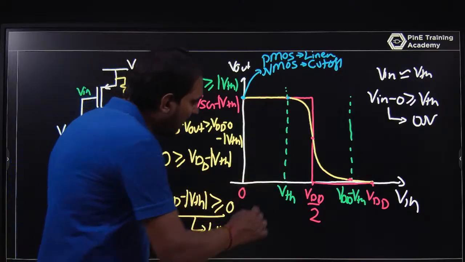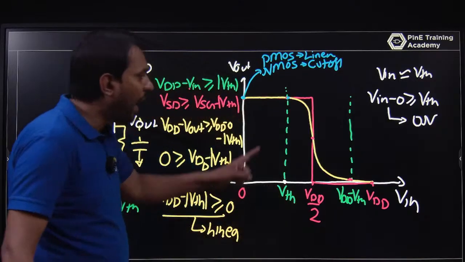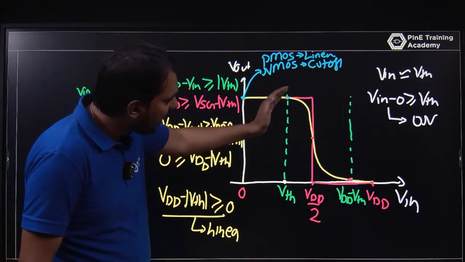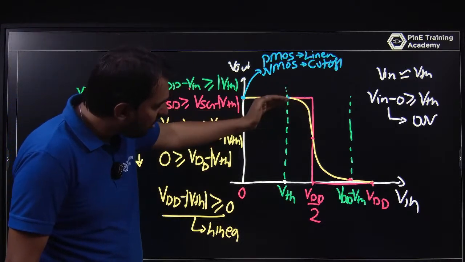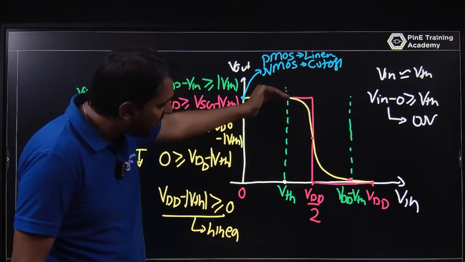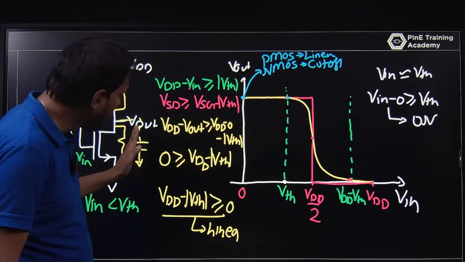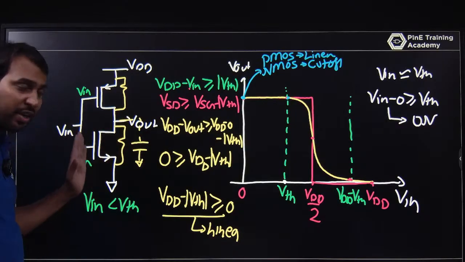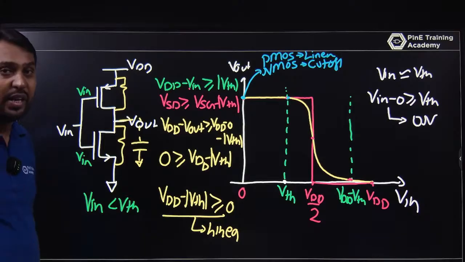At this point, the NMOS is on. That's why the graph is going down, because the capacitor is discharging. Vout is discharging because Vout has a capacitor. The NMOS is active when the input is greater than VTH.